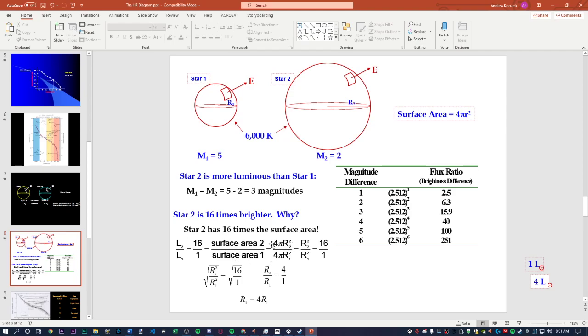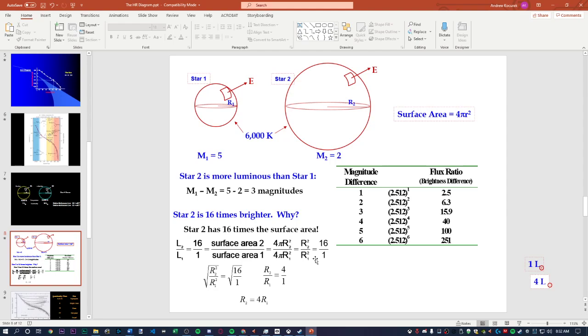We go over here. Surface area compared to the other surface area, 4 pi r squared divided by 4 pi r squared, r2 squared, r1 squared. The 4 pi's cancel out. 4 pi divided by 4 pi is 1. So that is why we're left basically with this equation on the right-hand side, which is the radius of the second star squared divided by the radius of the first star squared equals 16 over 1. Because it's 16 times brighter, because of this magnitude, than this star. Okay, so we don't need the radius squared, though.